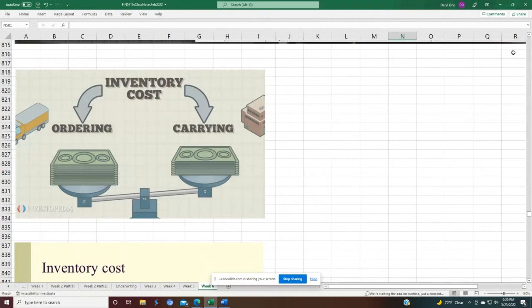So this is really going to focus on supply chain management. When you're working with supply chain management, there are basically two big costs that are involved. Number one, the ordering cost or the procurement cost, and number two, the carrying costs or the warehousing costs.